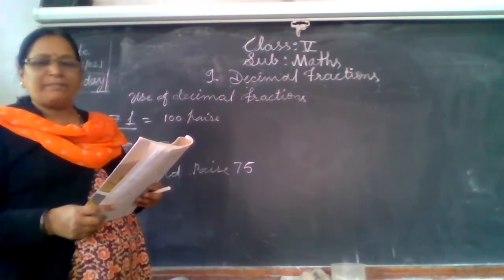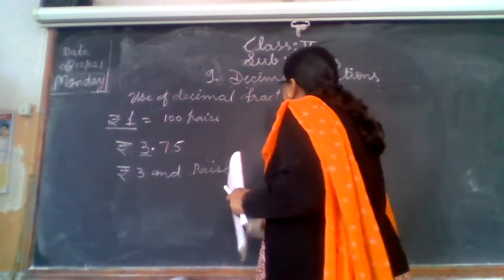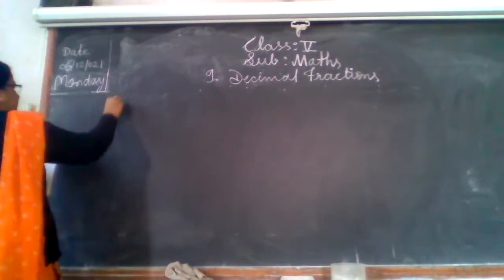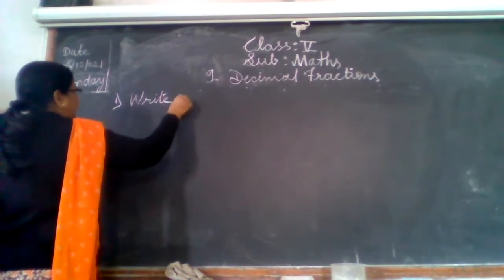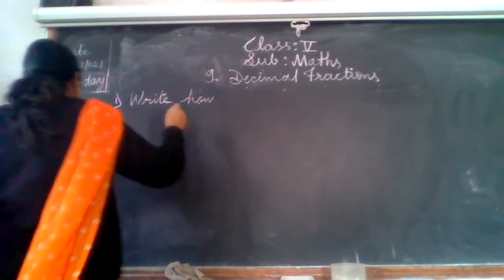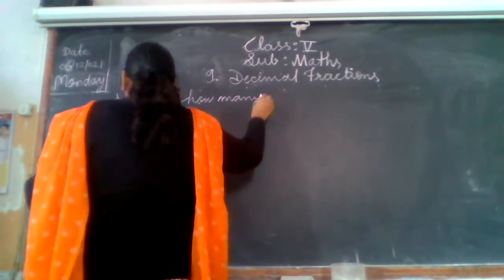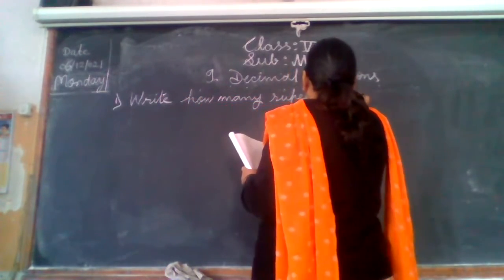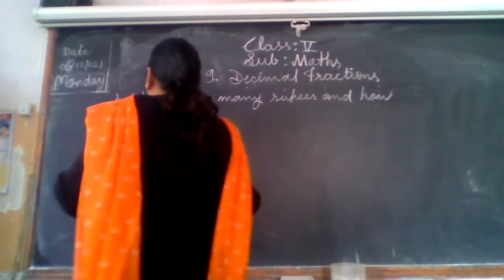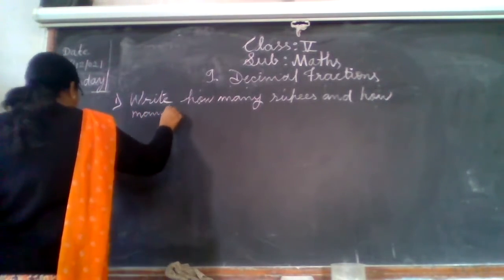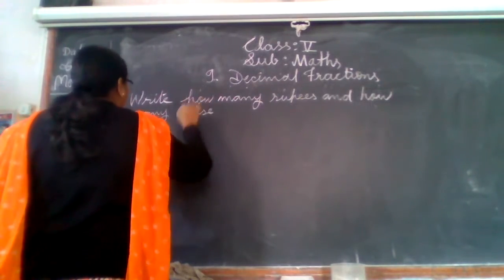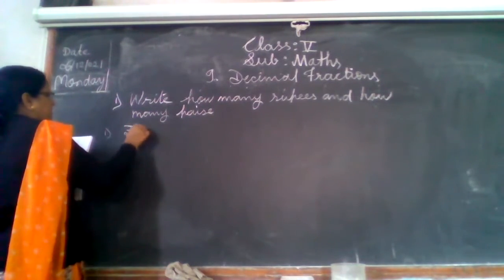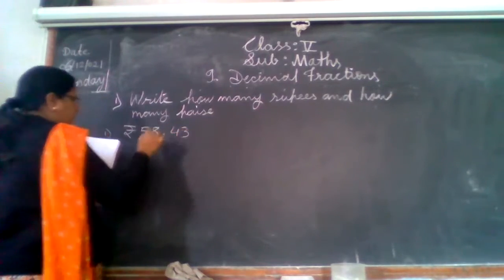Write how many rupees and how many paise. First, rupees 58.43.